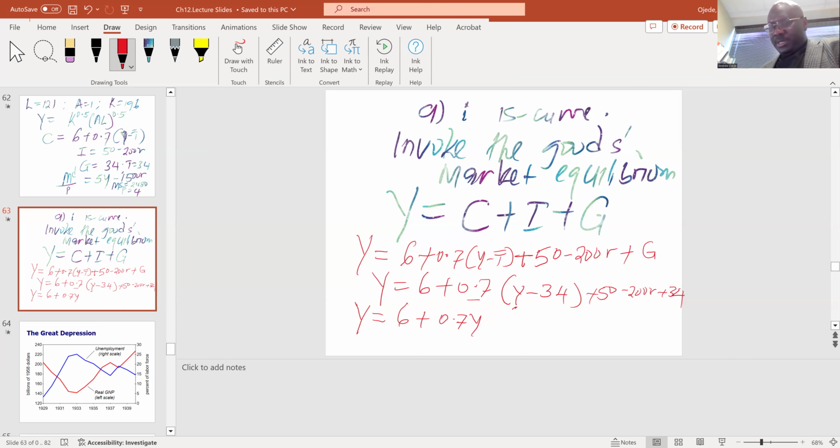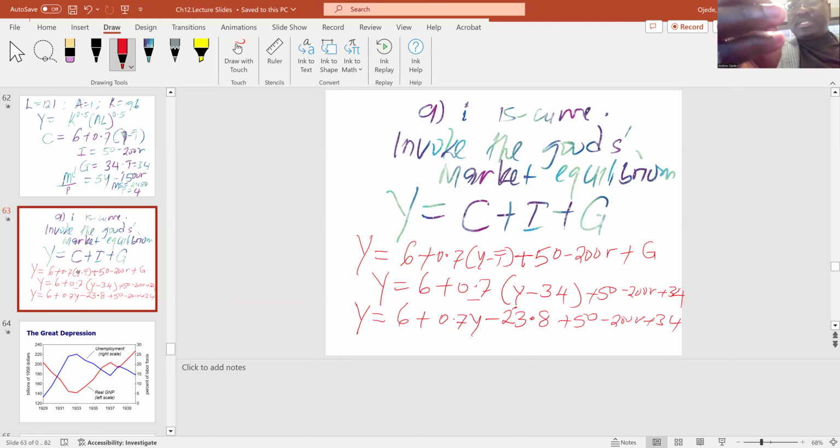I just don't want to make mistakes. So that's 34 times 0.7, which is 23.8. So this is going to be minus 23.8, plus 50 minus 200R, plus 34.